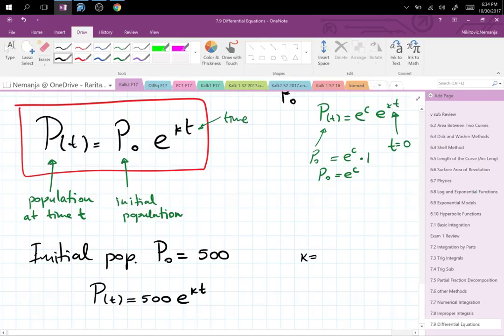Is the husband present? I said initial population is 500. The universe contains 500 and they're all female. Why is k 0? Exactly. 500 female rabbits, that's the population.